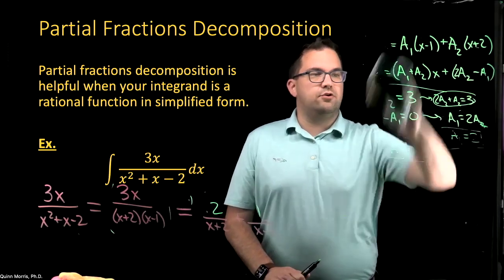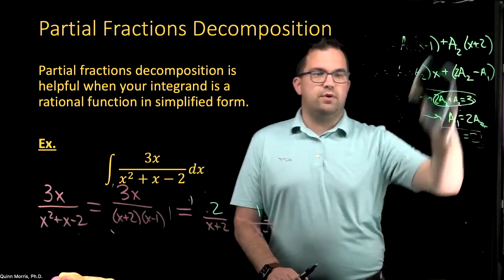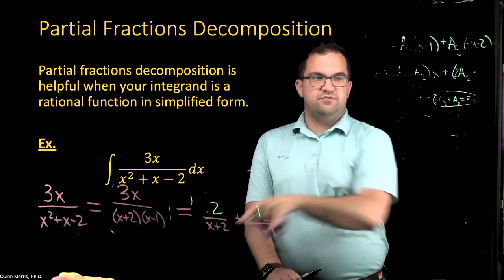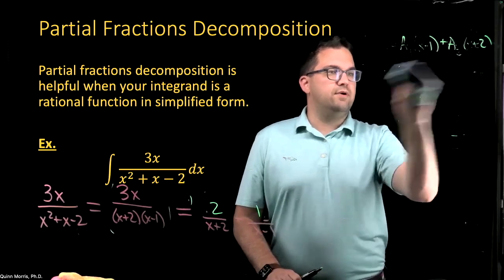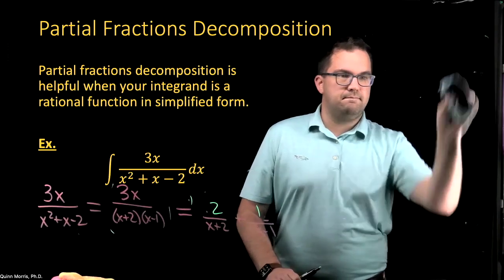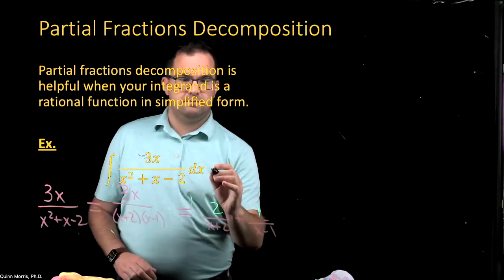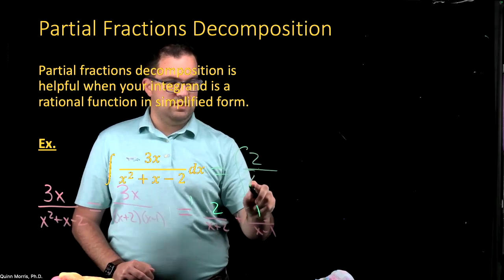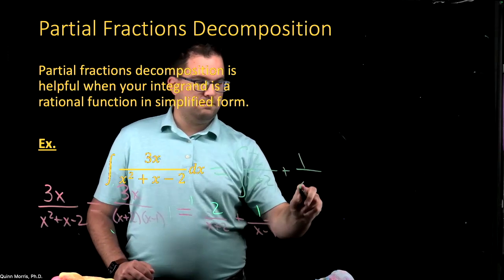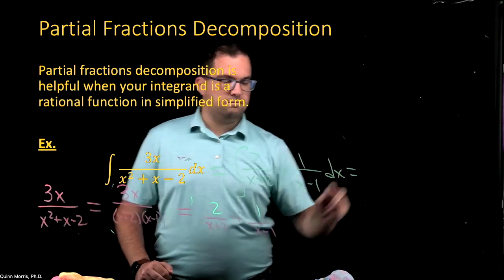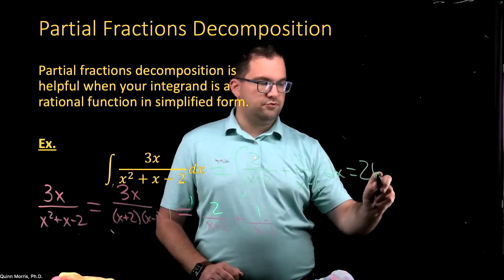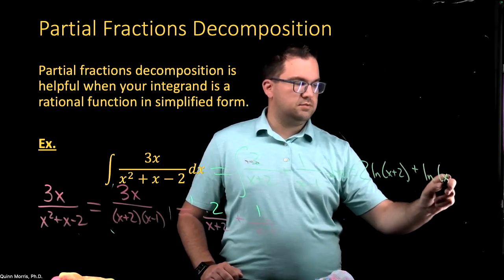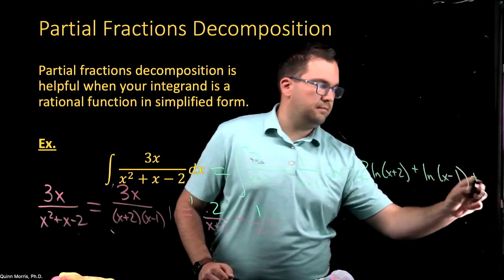Well, now, instead of integrating 3x over x squared plus x minus 2, I can instead just integrate this function, which is much easier to find an antiderivative of. So in this case, I'll instead take the antiderivative of this, which is simply 2 natural log of x plus 2 plus natural log of x minus 1 plus c.